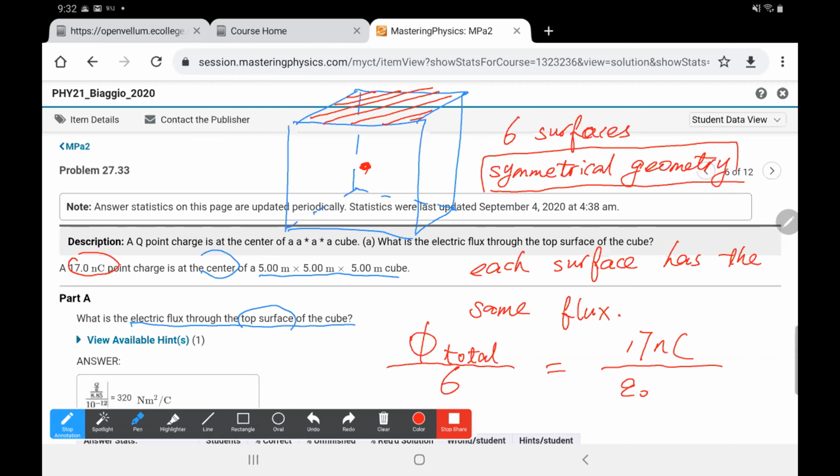This is the total flux, and divide by 6. And the epsilon naught, I give you the value, that will be 8.85 times 10 to the negative 12. Okay, so this is the solution for this problem.